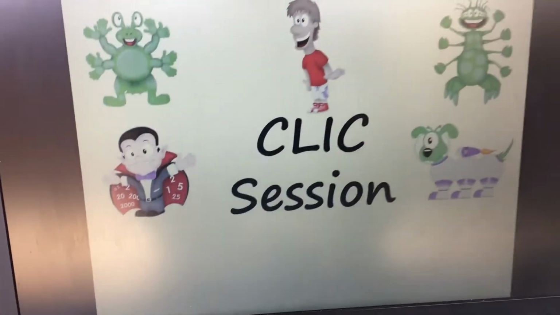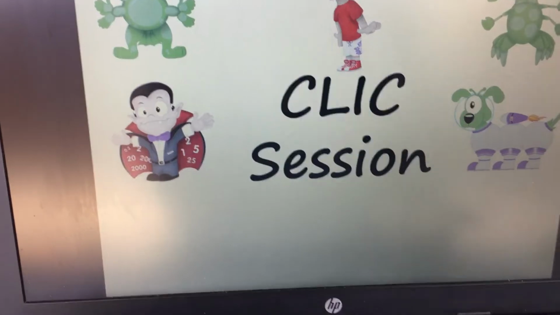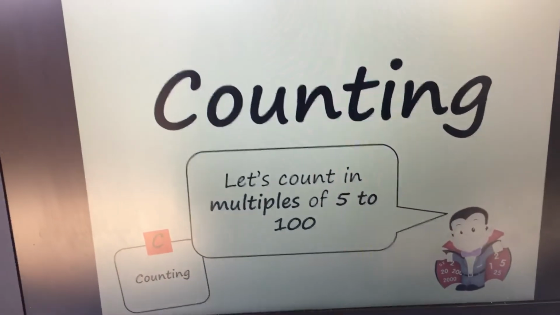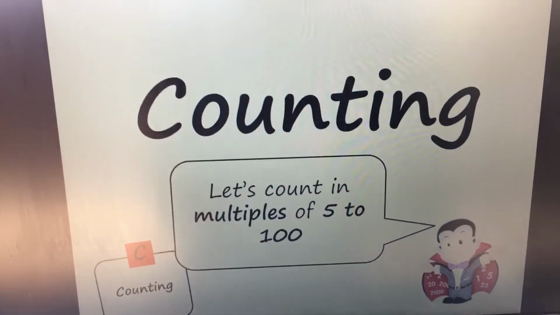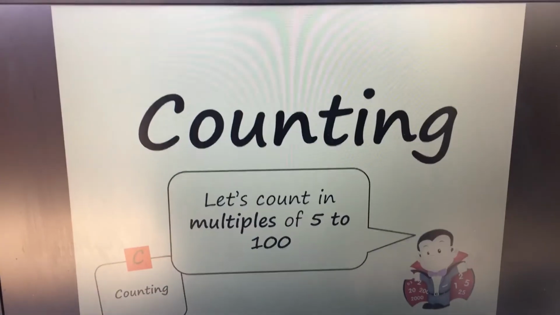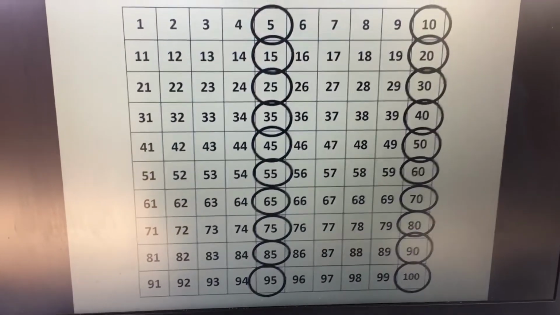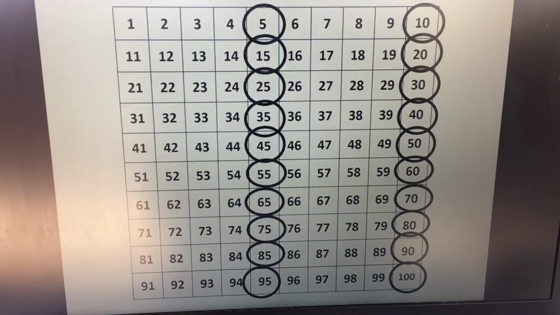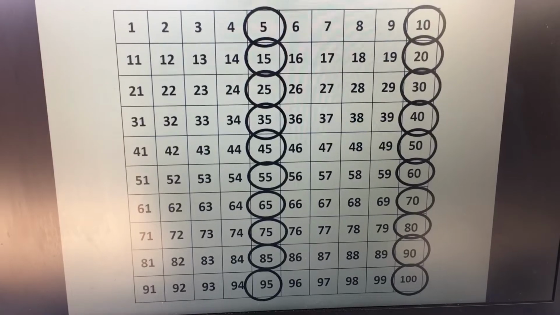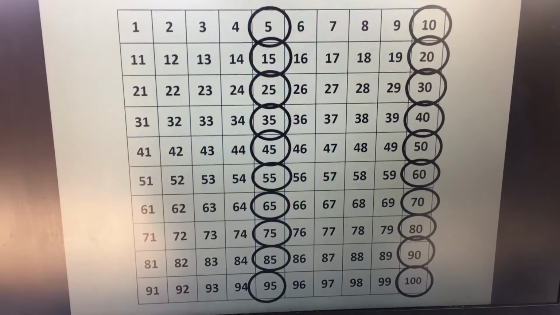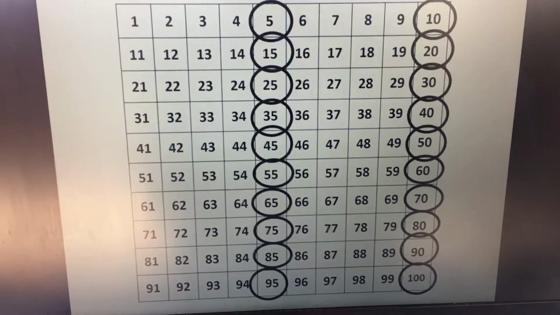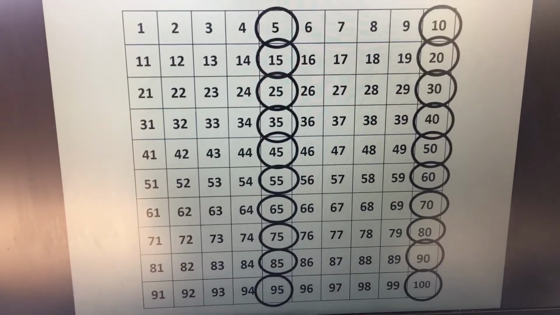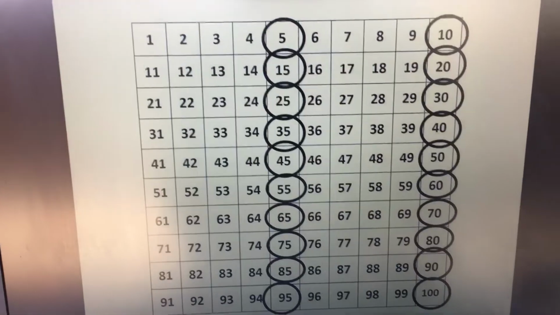Well done. So now that we've done our 3s, we will recap our 5s. So let's count in multiples of 5 all the way up to 100. Let's go. 5, 10, 15, 20, 25, 30, 35, 40, 45, 50, 55, 60, 65, 70, 75, 80, 85, 90, 95, 100.